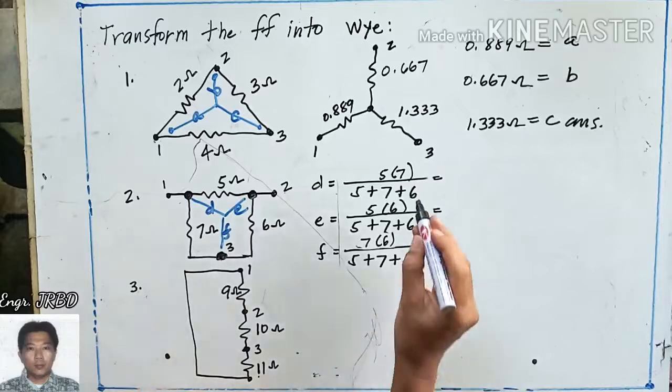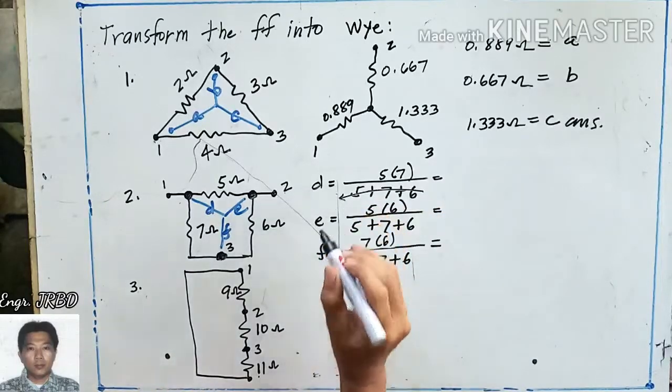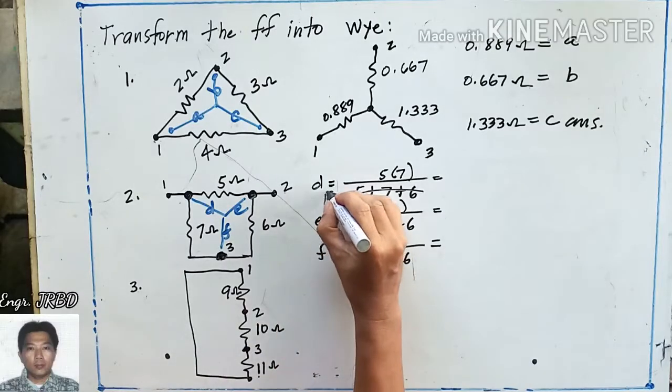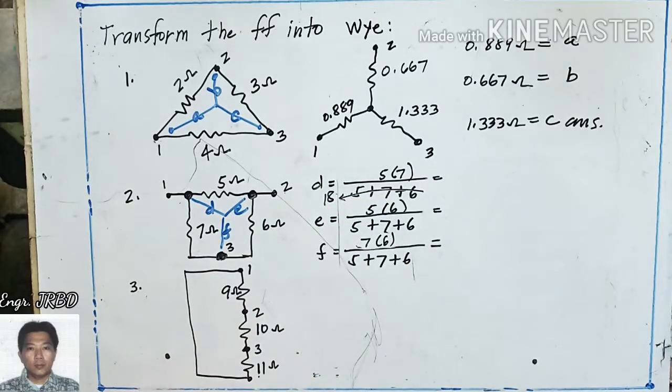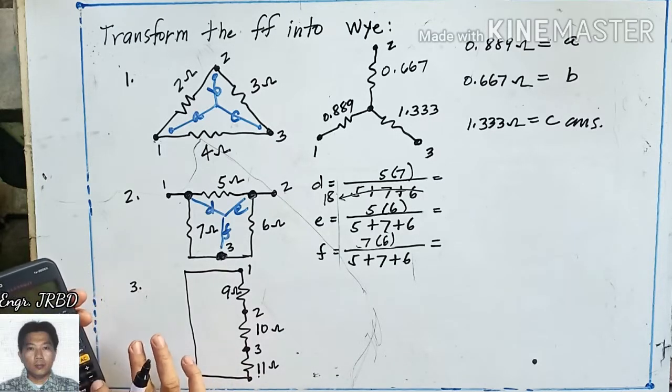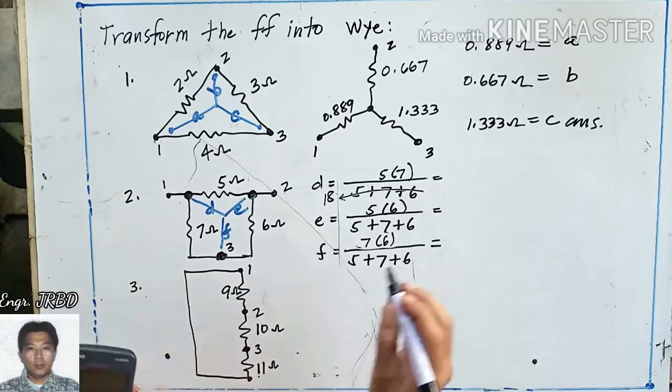So the sum of this, that is 12 plus 6 is 18. 35 all over 18 is 1.944.